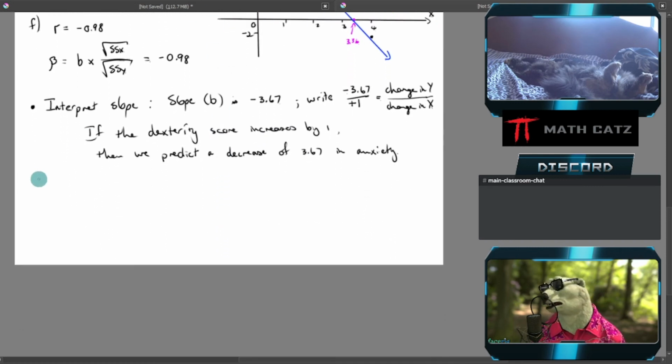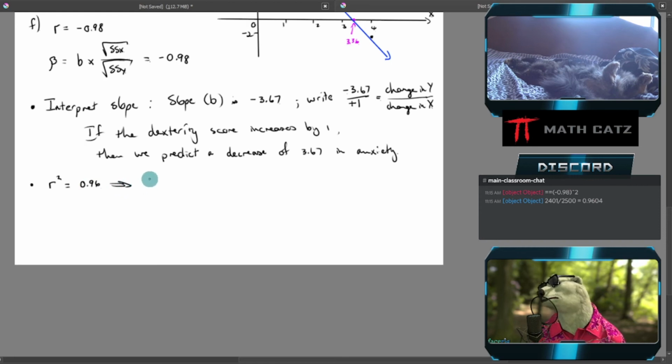Lastly, we have space for one more. We want to calculate R squared, the square of the correlation coefficient. In this case, I'll do it. We calculate, in brackets, negative 0.98 squared, like so, and I get 0.96.